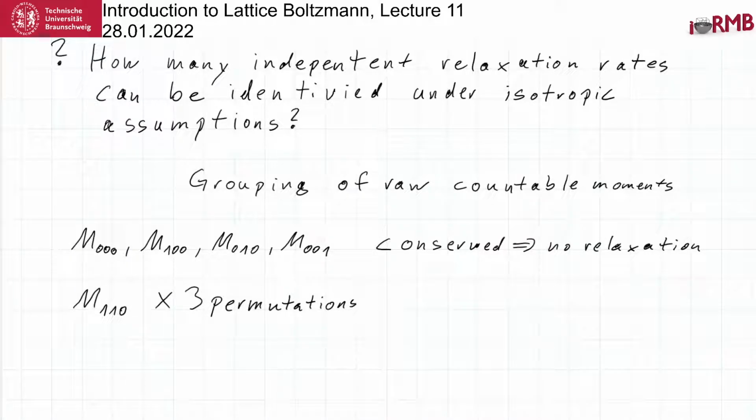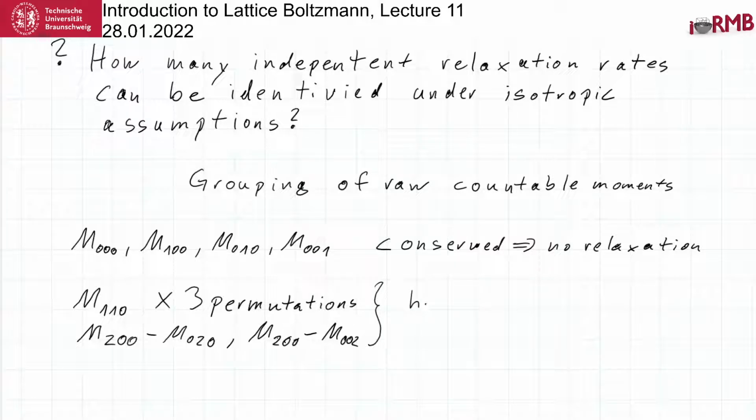And next we have to make an adjustment, which is actually not a raw countable moment, but we have to use M200 minus M020 and M200 minus M002. This is something that we already discussed in the two-dimensional case, where we of course had only one of them. So these guys are the hydrodynamic moments.